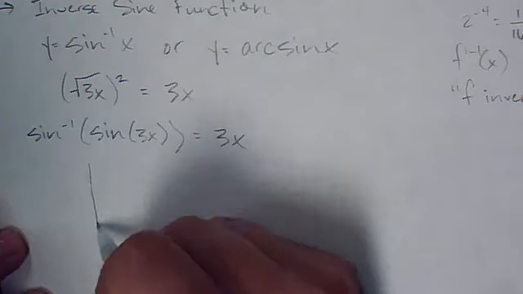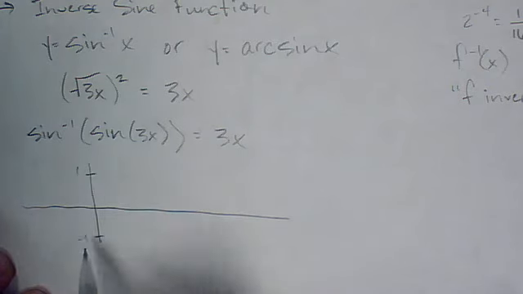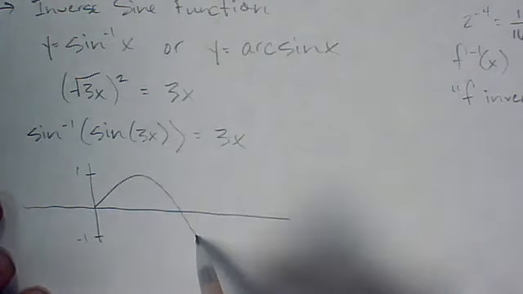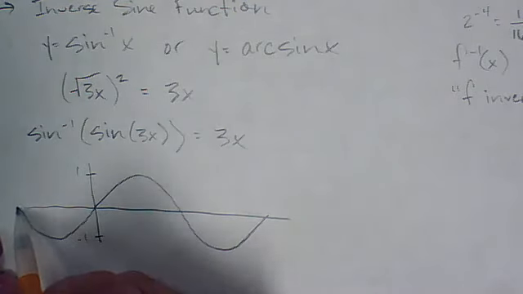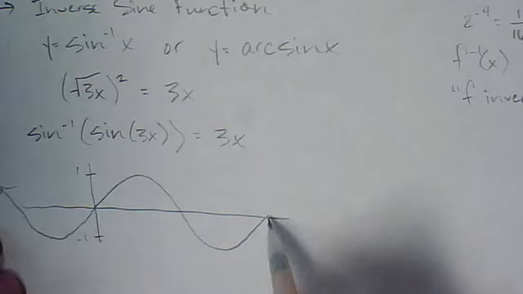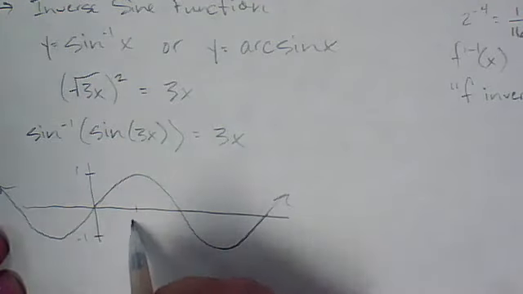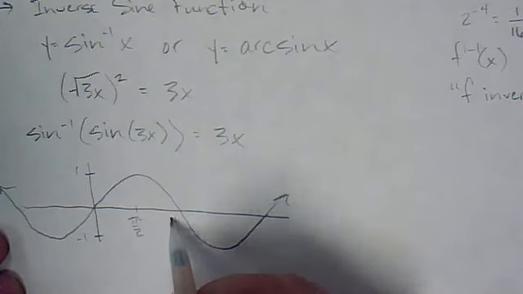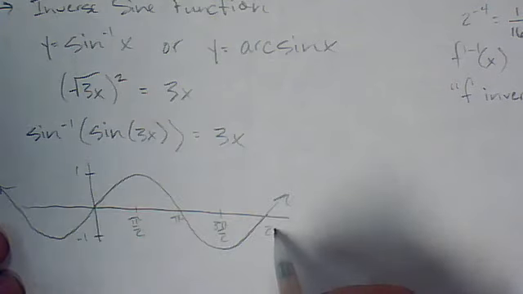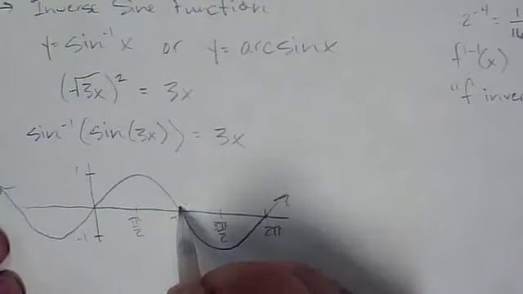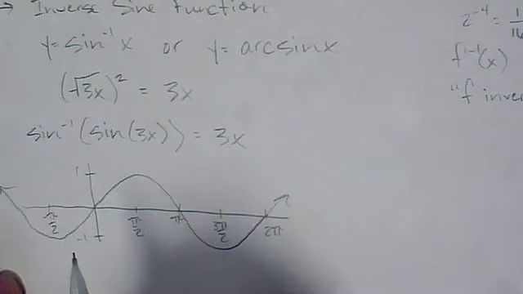Now let's look at the sine graph. Okay, you've got pi over 2, pi, 3 pi over 2, 2 pi, negative pi over 2, and so on.